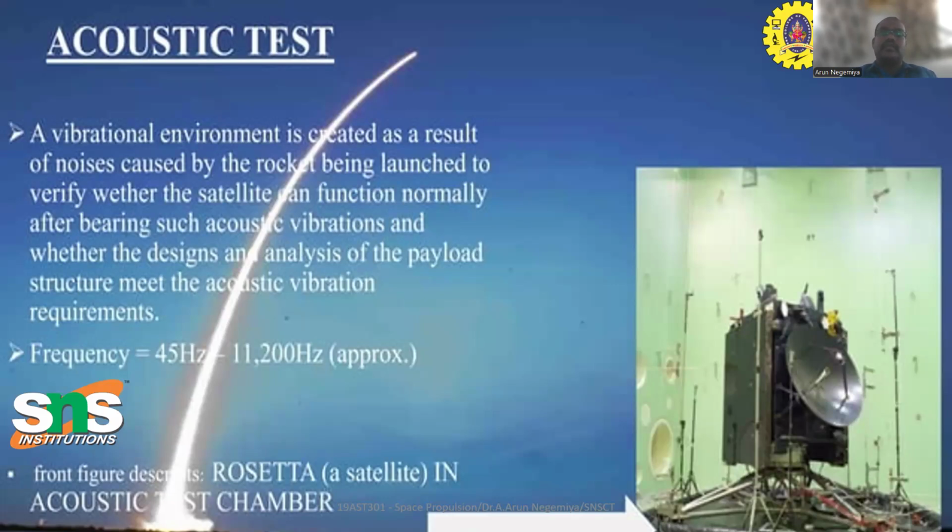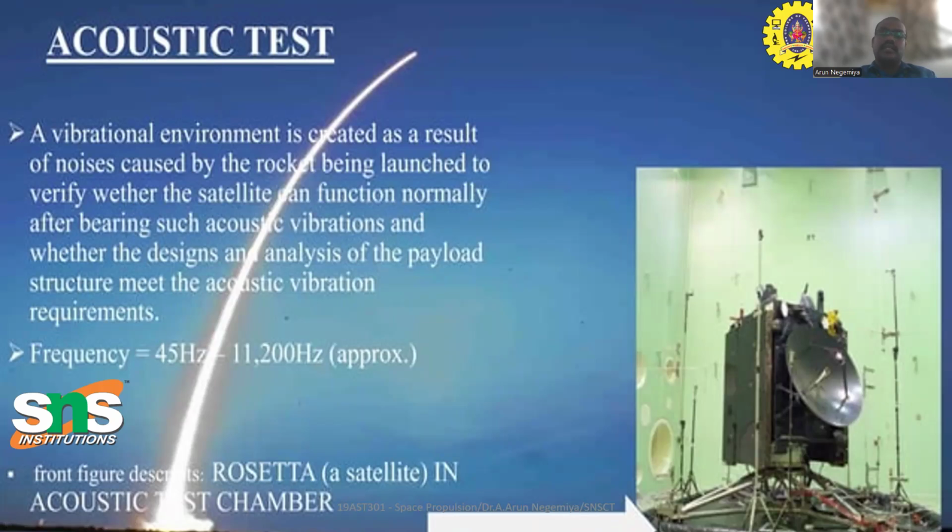In that vibrational environment, noise is created, and noise in the range of 45 hertz to 11,200 hertz directly hits the rocket components. Due to the impact of this noise, the components can fail, so the test is carried out. In the acoustic test, the frequency range is 45 hertz to 11,200 hertz.